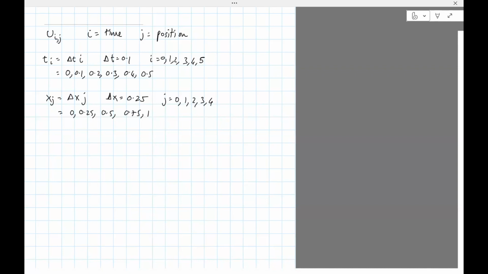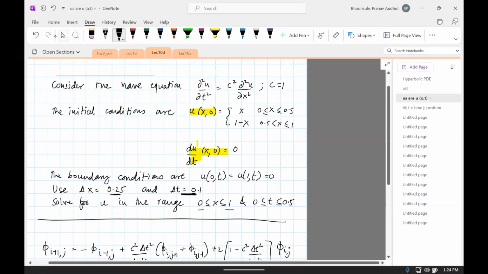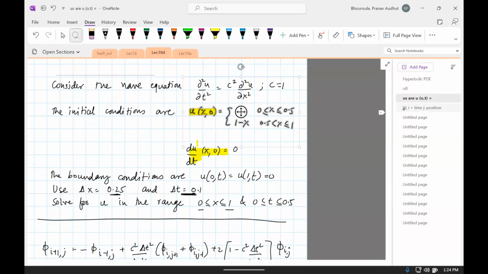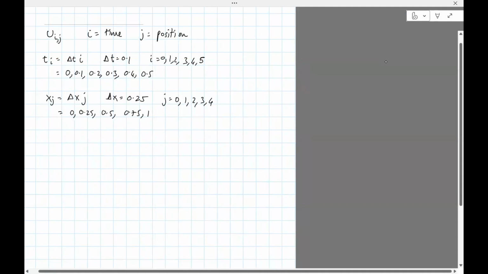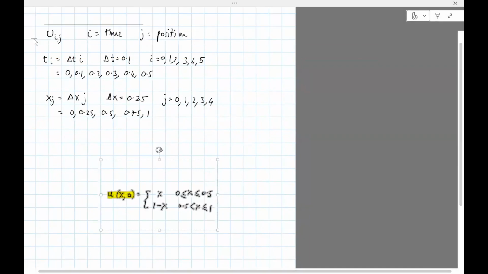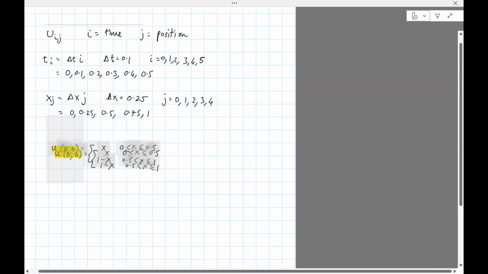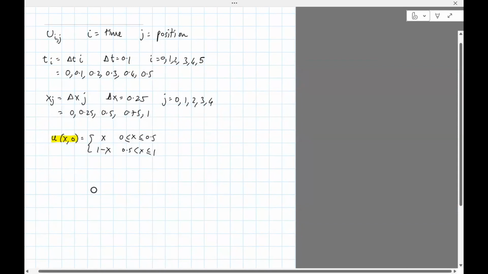Okay, now let's revisit the initial condition and the boundary condition. We need to be able to write this condition in terms of i and j, because we don't really understand u of x comma 0 in the way it is written. So let's do that.